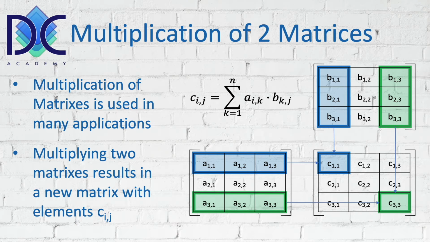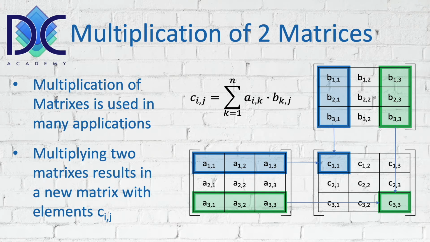Now, it's clear that for the first matrix, the number of columns has to be the same as the number of rows of the matrix I'm multiplying with. Now, if I have a 3 times 2 matrix multiplied with a 2 times 3 matrix, I will find a 3 times 3 matrix.